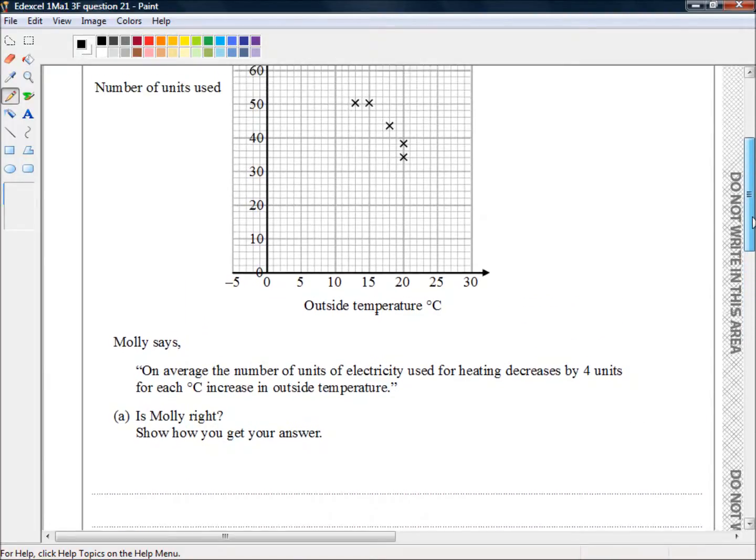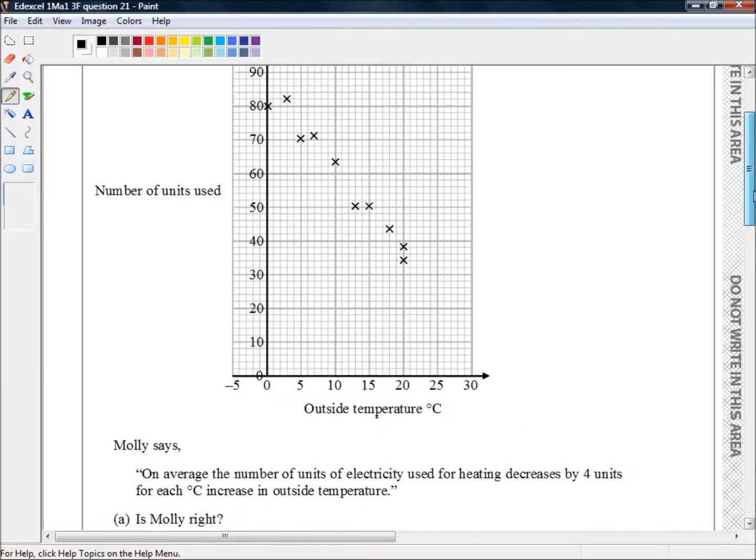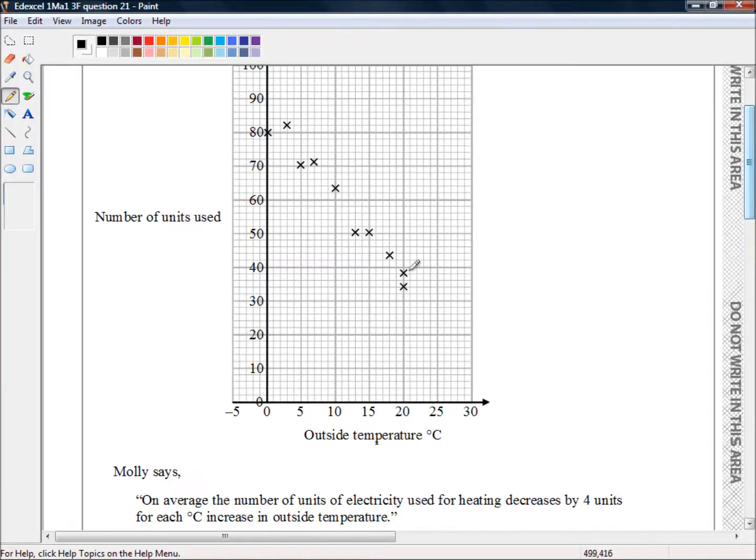Okay, so the first thing we can check is the relationship. Is the number of units of electricity decreasing with an increase in outside temperature? And the answer is yes. The x's do seem to be getting lower and lower on the y-axis the higher up they go along the x-axis.